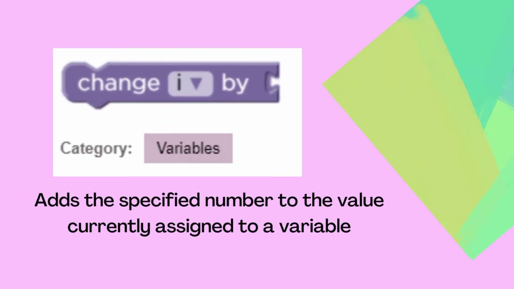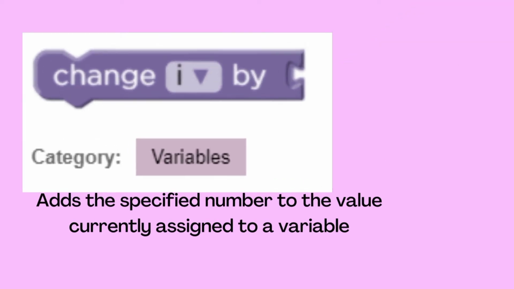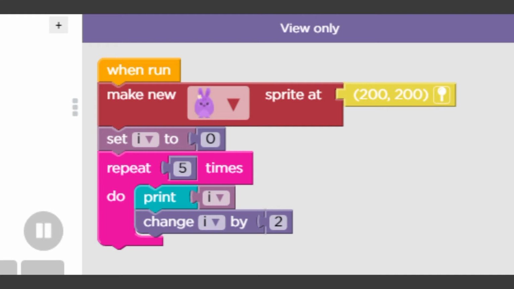Now in this class, we're going to be looking at the change variable block, the change name block. This block helps to add a specific number to a value currently assigned to a variable. An example of this is, if you can see the program on your screen, we have the change I block.